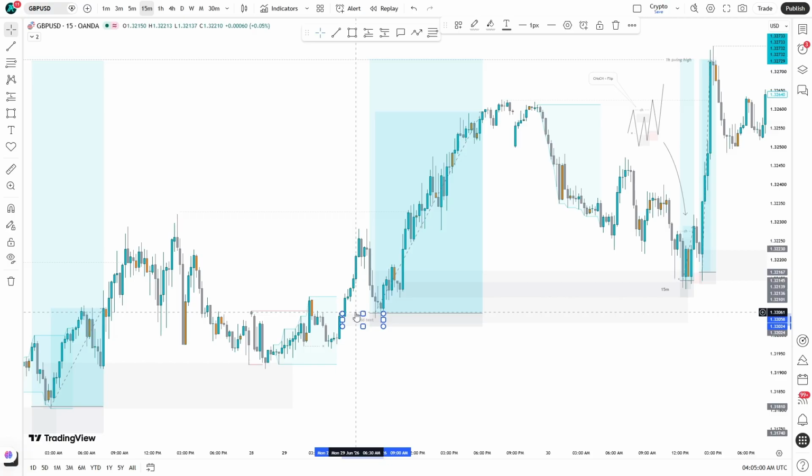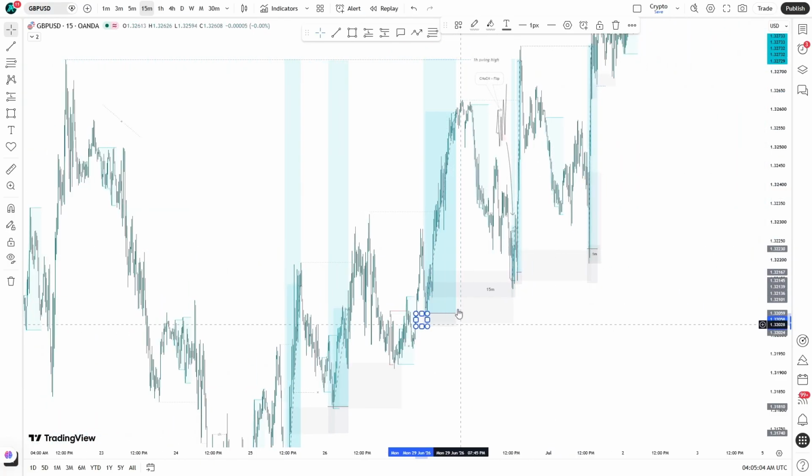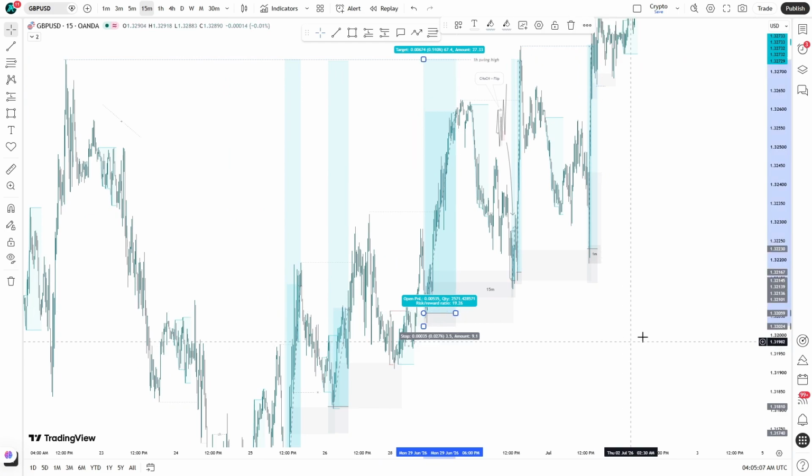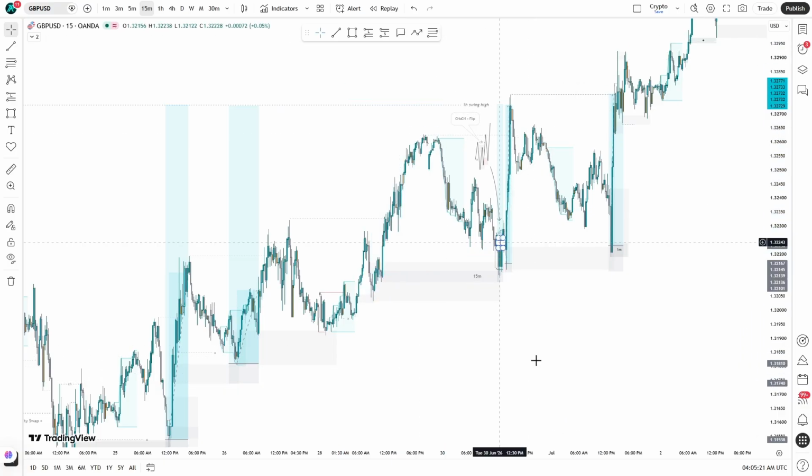This trade now is a mistake. We will not take that. We'll just set that as confirmation on the higher time frame.